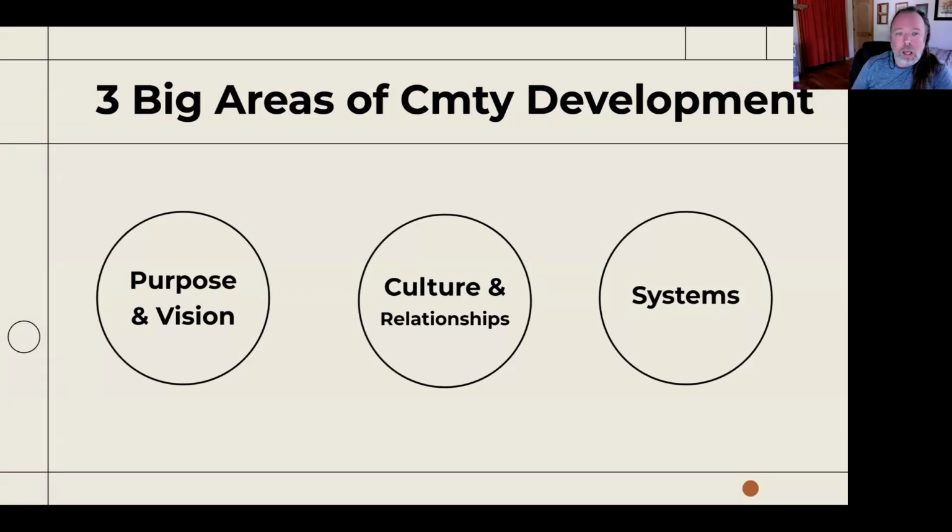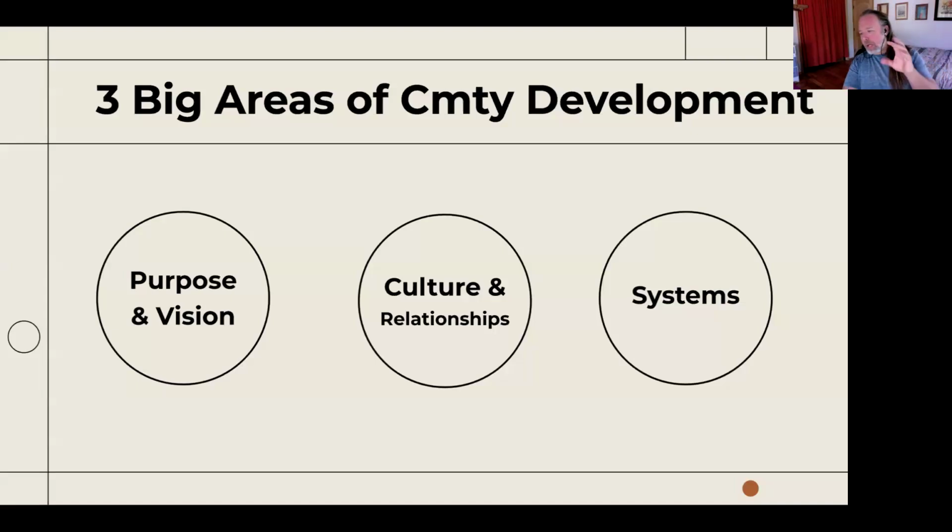The different kinds of housing options. Is it single family housing? Are there collective houses? Is it a mix? What the ownership model is, the financing strategy, and the systems and structures, culture and relationship stuff. All of these are really important things that you have to think through that are going to create a very different kind of experience for people. And what kind of experience are you wanting to create?